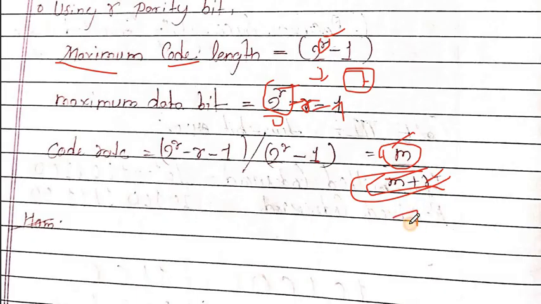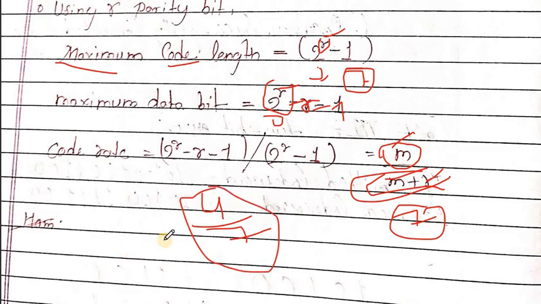If the code length is 7, there are 4 data bits. This is the code rate for a length 7 code.